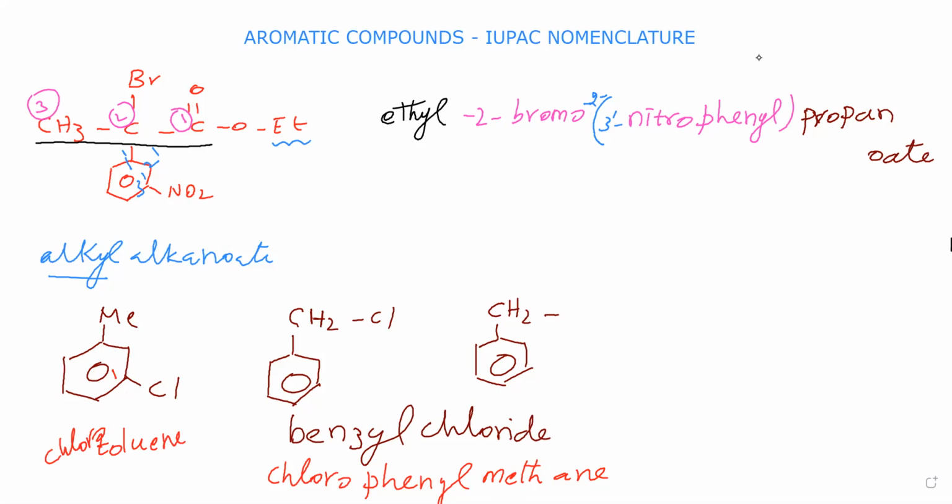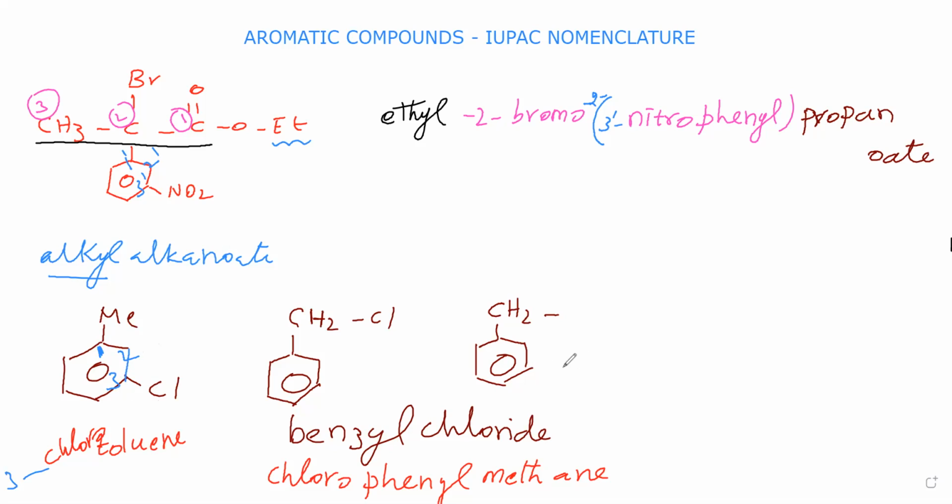No. Why can't we say 1-chlorotoluene? In toluene, the carbon to which CH3 is attached must be given number 1, then number 2 here, number 3 here. So the chlorine position is 3-chlorotoluene.